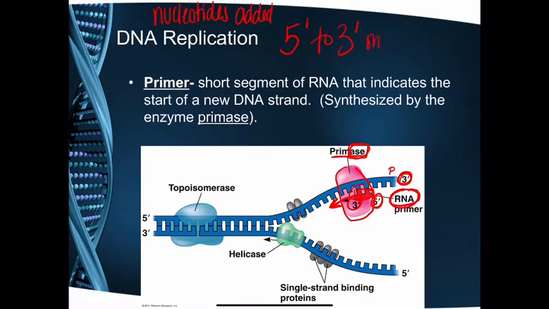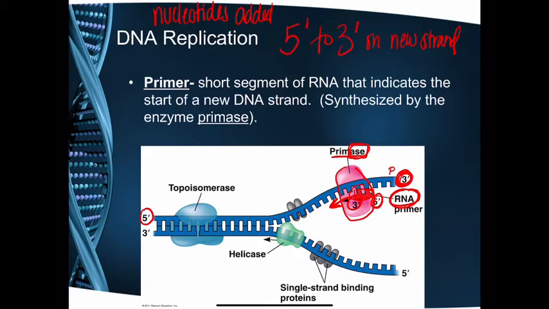on the new strand. This is so important, okay? These directions are really important. DNA is synthesized on the new strand in the 5' to 3' direction. That means it's reading the parent strand in the 3' to 5' direction, okay?